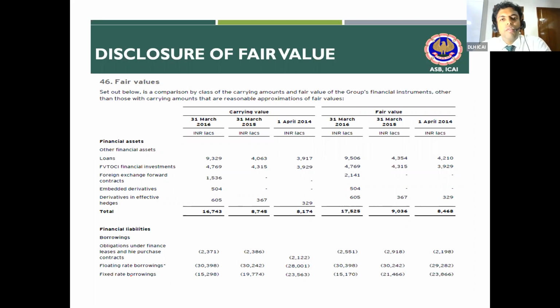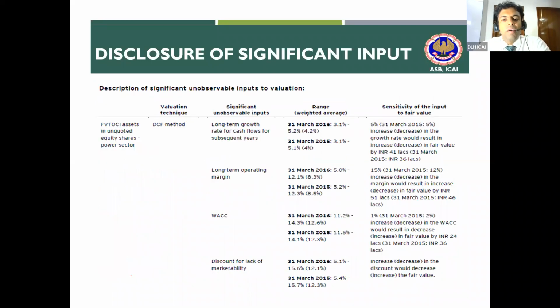The comparison of fair value versus carrying value needs to be given in the financial statement for all the financial assets and liabilities. So you can see my screen where I have given a sample disclosure of comparison of the carrying value with the fair value in respect of financial assets and financial liability. Where the company has taken a level 3 input, which is unobservable input, the company has to give the technique.